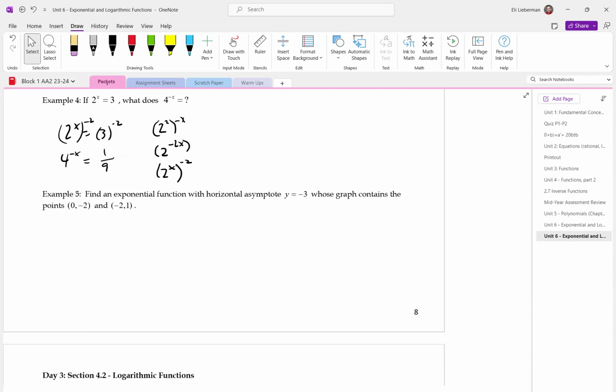Let's graph it. I'll put this on the side so I could do a little bit of work. Y equals -3, that is down here. 1, 2, 3. Y equals -3. We have a couple points on this, 0, -2 and -2.